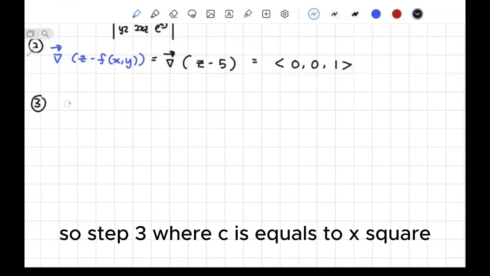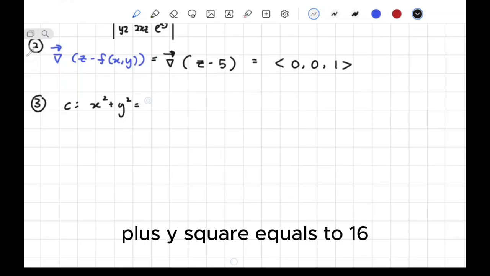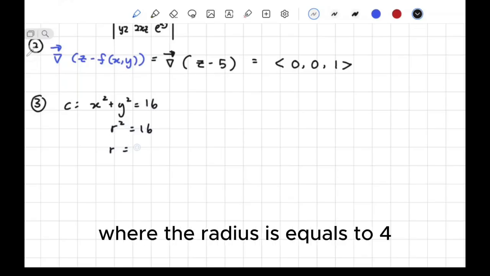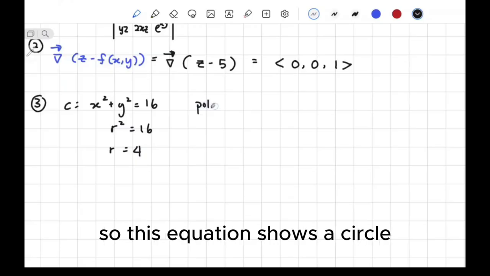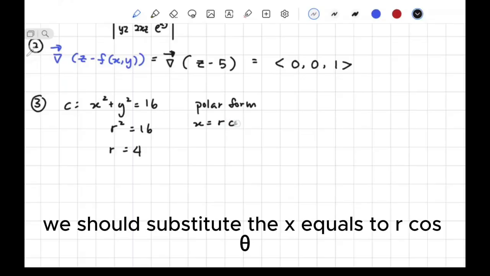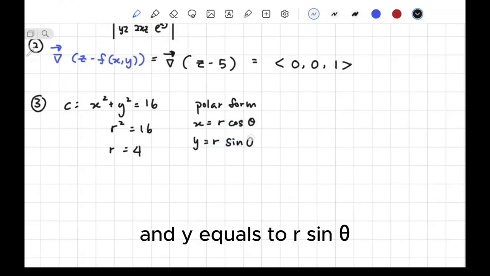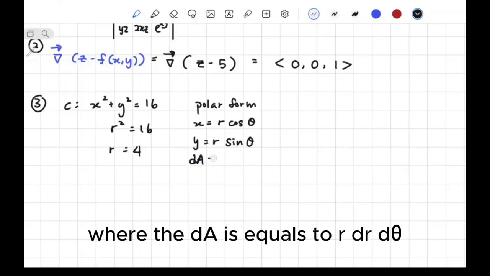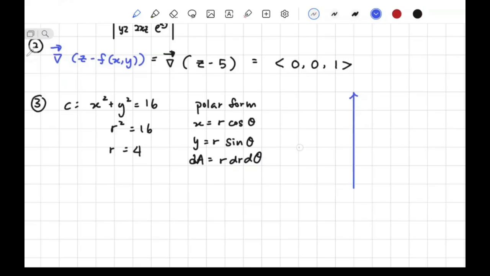Step 3: C is x squared plus y squared equals 16, so r squared equals 16, where the radius is 4. This equation shows a circle. For the polar form, we substitute x equals r cos theta and y equals r sin theta, where dA equals r dr d theta.